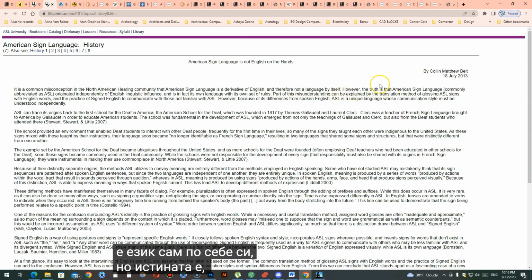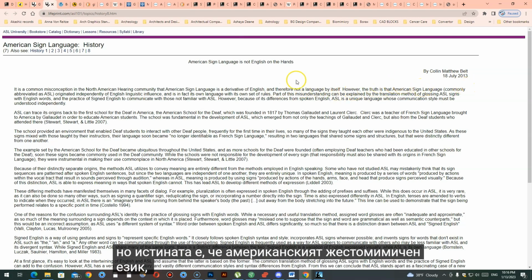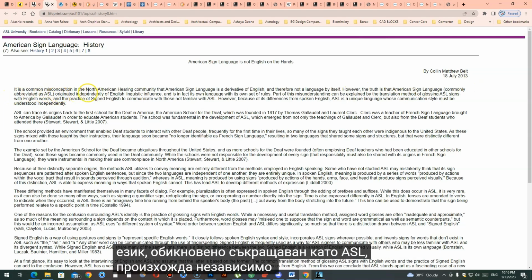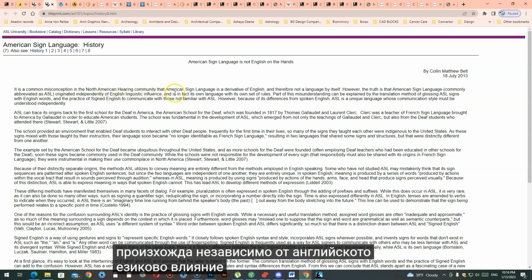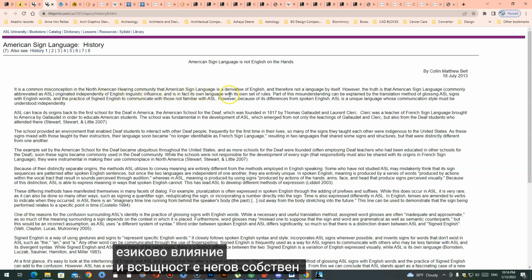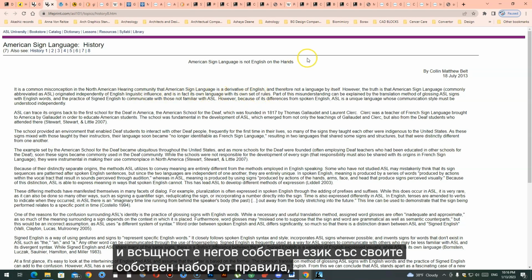However, the truth is that American Sign Language, commonly abbreviated as ASL, originated independently of the English linguistic influence, and is in fact its own language with its own set of rules.